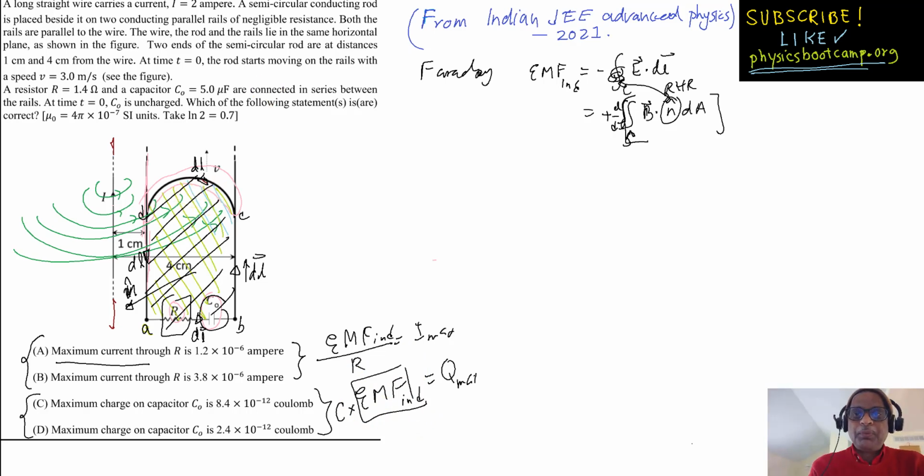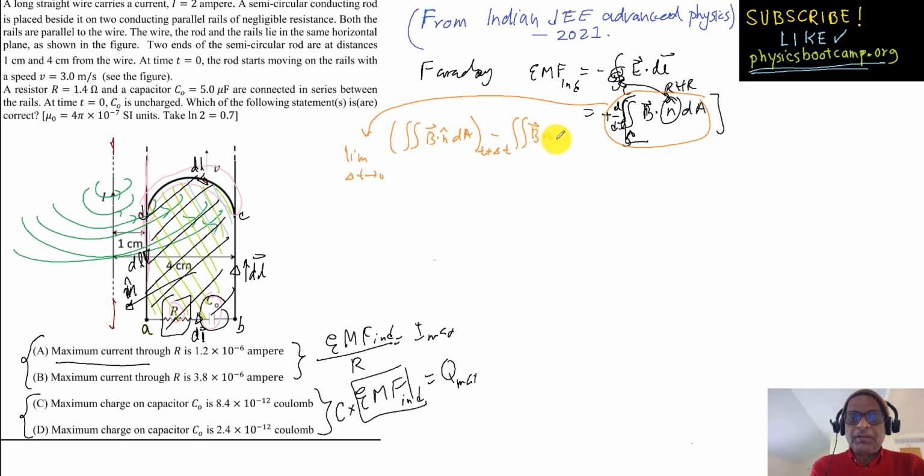Now, how do we find this? The way we are thinking about it is the limit as delta t goes to 0: we do the integral of B dot n hat dA at time t plus delta t, and subtract away the integral of B dot n hat dA at time t. So we need to imagine two nearby times and compare them, right? Say this is time t. When it moves up, let's redraw it.